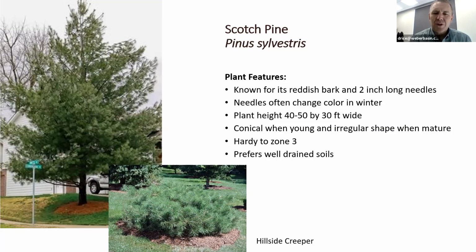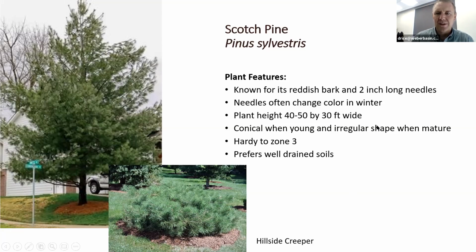I've pictured here a dwarf creeper variety called hillside creeper, and we have a few of these in our garden right here as well, and they're not more than maybe 3 to 4 feet tall, and then they broaden out. Hillside creeper, if you had a hillside or some area where you've got quite a bit of room to grow outward but not upward, this would be a great plant.